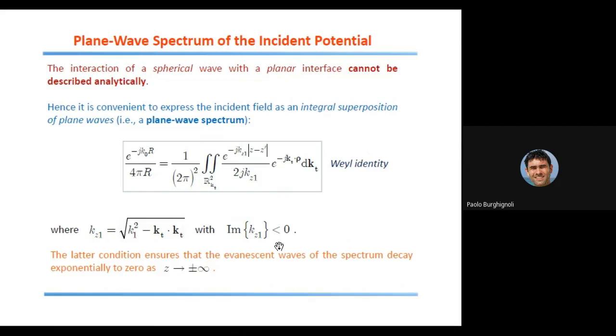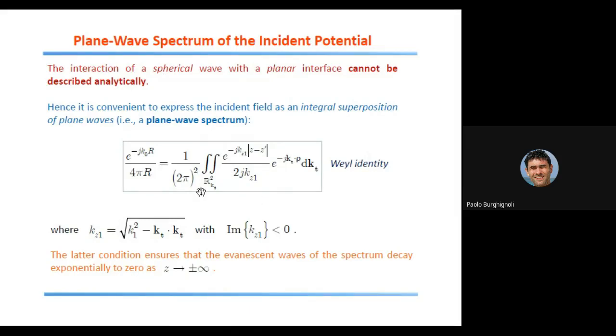That is because in this way, the exponential that is inside this 1D Green's function is a vanishing function at infinity, and so the evanescent waves in the spectrum decay exponentially at infinity, whereas with the opposite determination, the one with imaginary part larger than 0, this exponential for the evanescent part of the spectrum would grow exponentially at infinity, which is, of course, something non-physical for the considered problem.